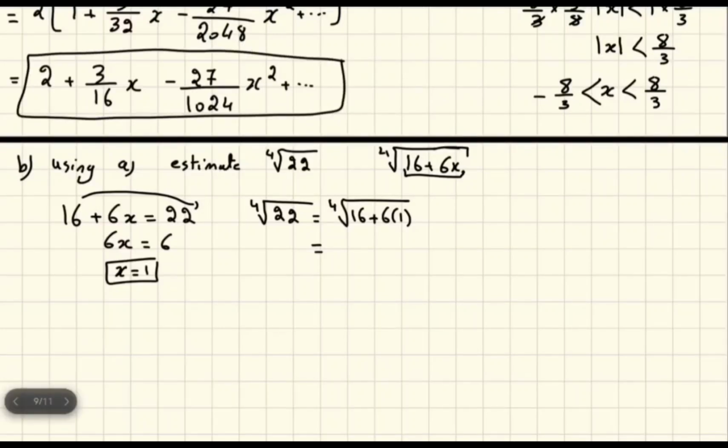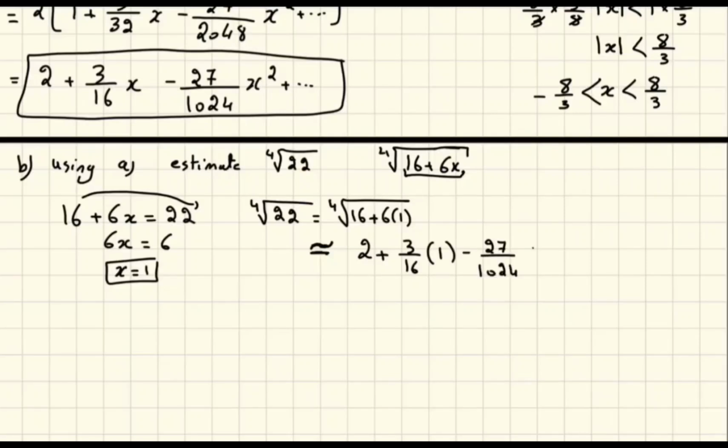So I can go back because it's estimation, so I'm going to write it's approximately equal to 2 plus 3 over 16 multiplied by 1 minus 27 over 1024 times 1 squared, which is approximately, you can use a calculator for this, and it becomes 2.161. Now I wrote it up to 3 decimal places.